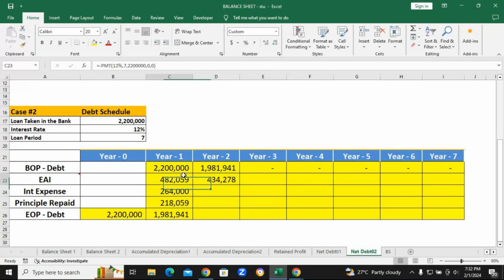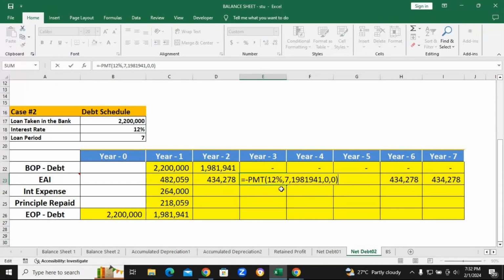So here it is 7 years. This one also I'll drag. When you look at this, you can see the calculation, 12%, 7 years, and whatever values it has taken.